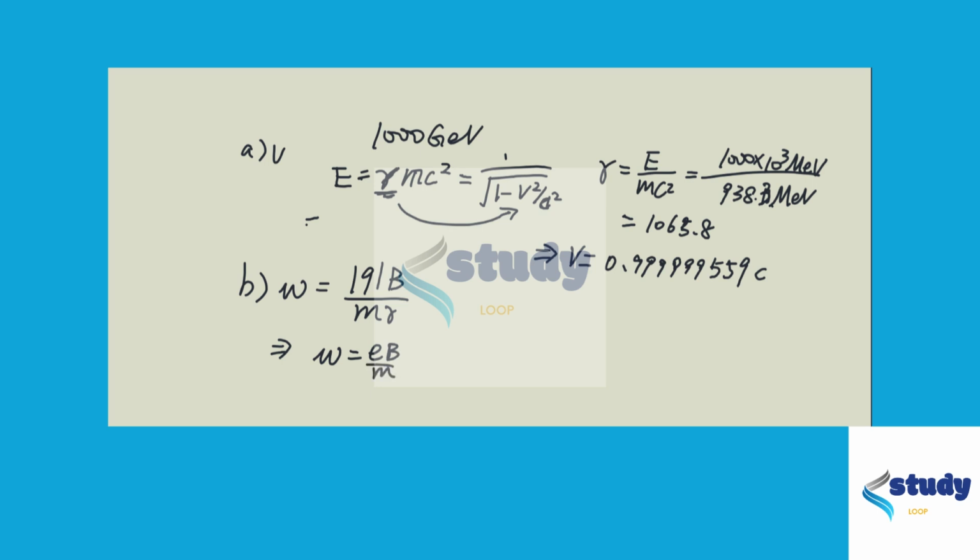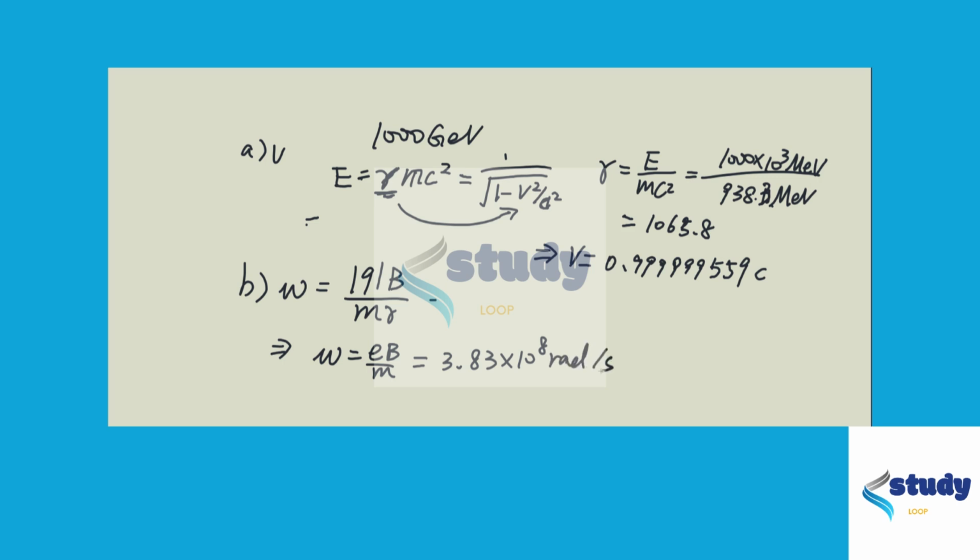Here, e is the charge, B is the magnetic field, which we are told is 4 Tesla, and m is the mass of this proton. So the non-relativistic case gives an answer of 3.83 times 10 to the 8 radians per second.